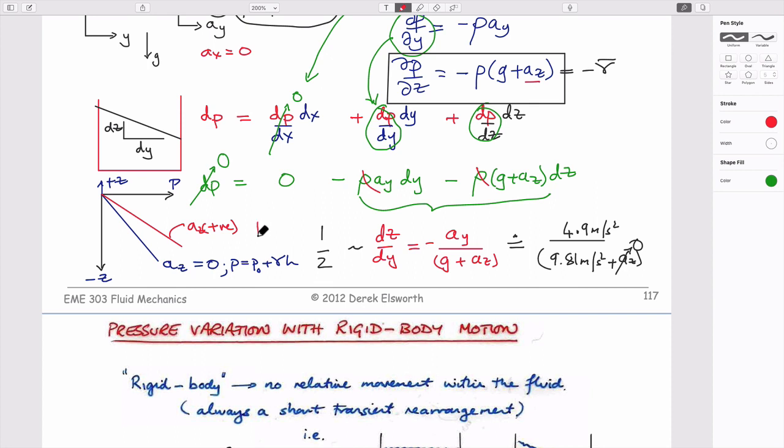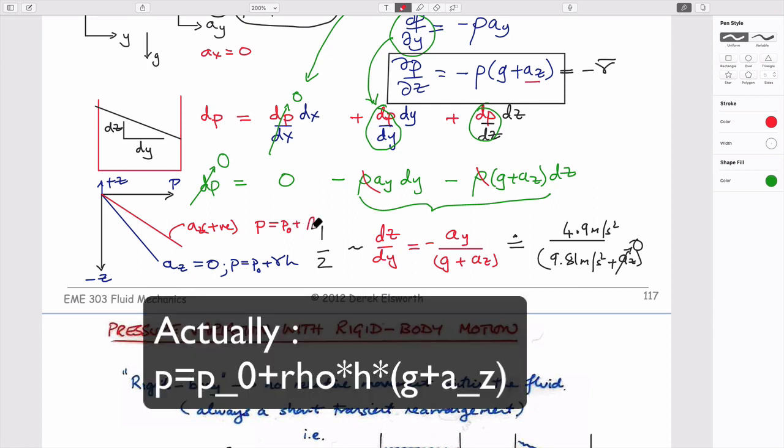And in that particular case, the pressure is going to be equal to P0 plus rho plus Az times H. And this is H here, right?